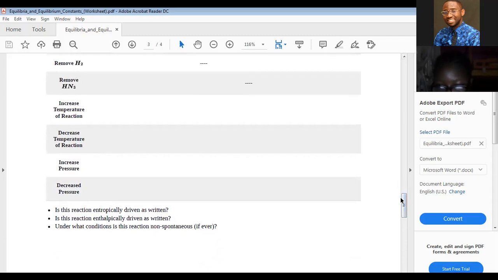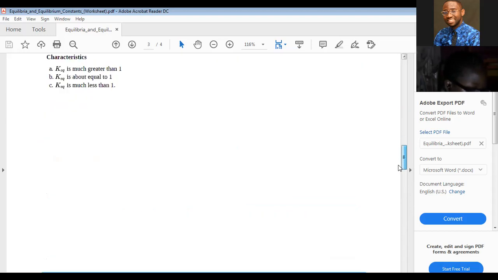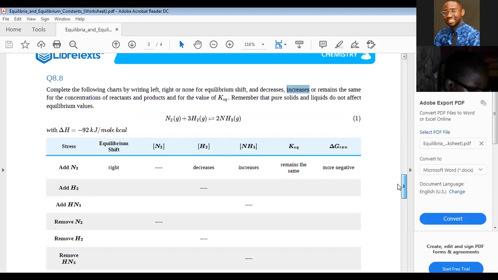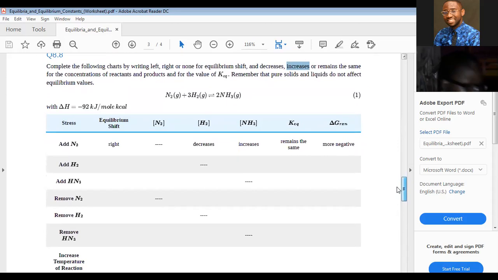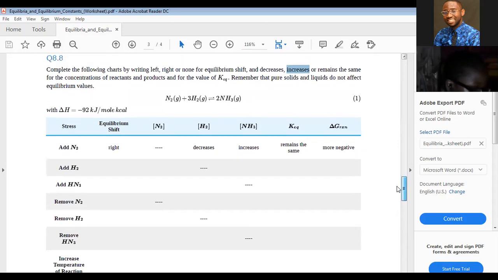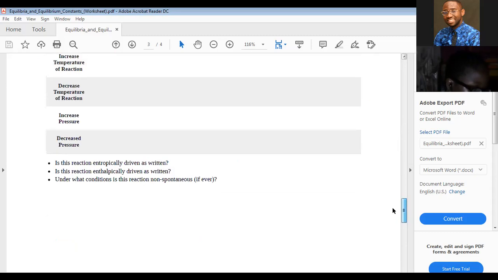Increase temperature. Oh, we've not discussed temperature. Okay, let's take temperature out of it. Increase in pressure. Where will equilibrium shift to? Look at the pressure.